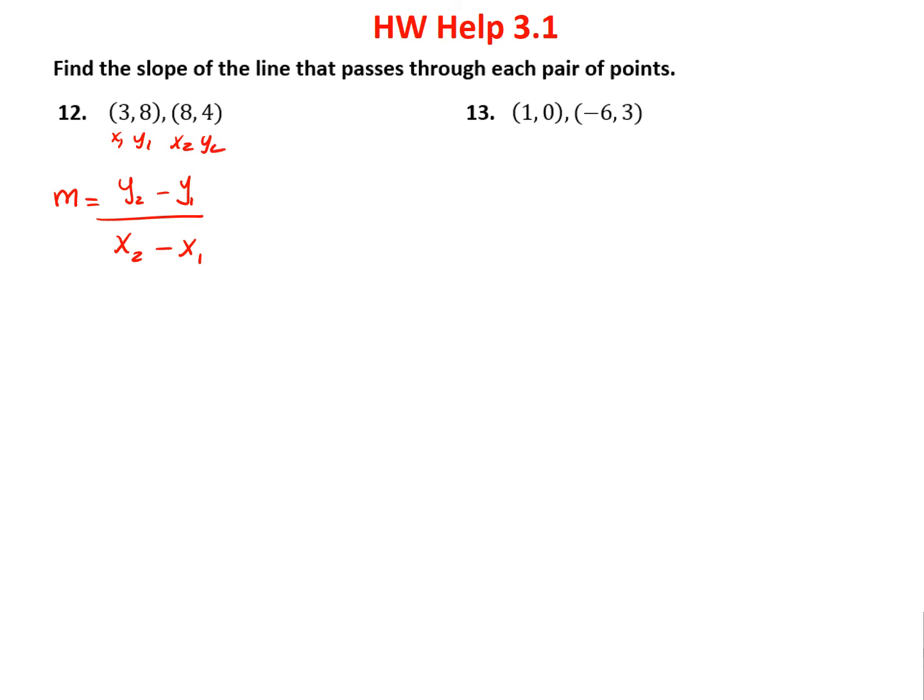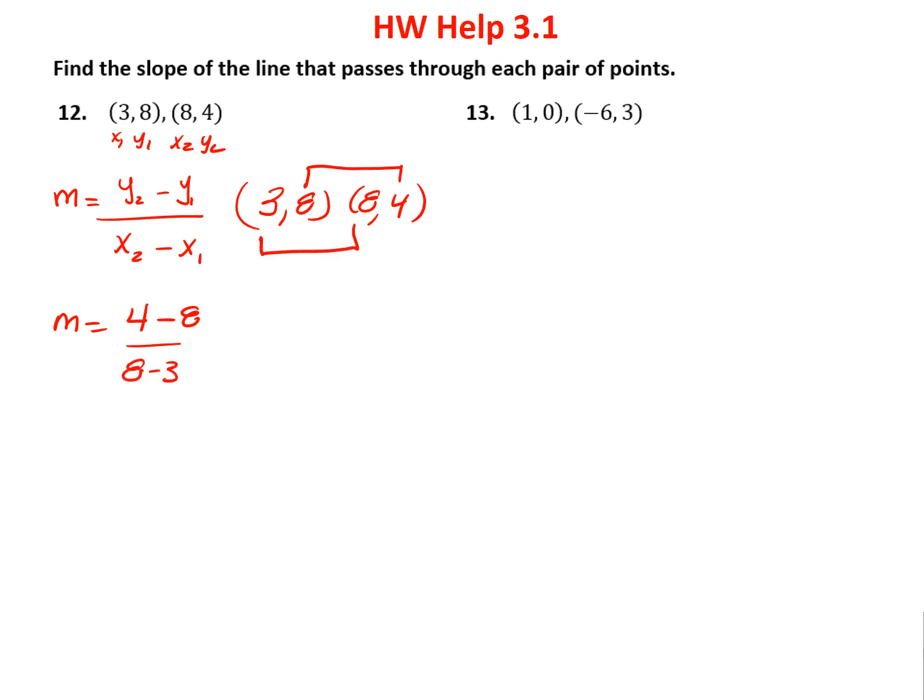So if I wrote this out here again to see what we're doing, here's my first point, here's my second point, and y2 minus y1 is going to be 4 minus 8. And then the x is going to be 8 minus 3. So I end up with 4 minus 8 is negative 4, and 8 minus 3 is 5. So my final answer is negative 4/5 is my slope.